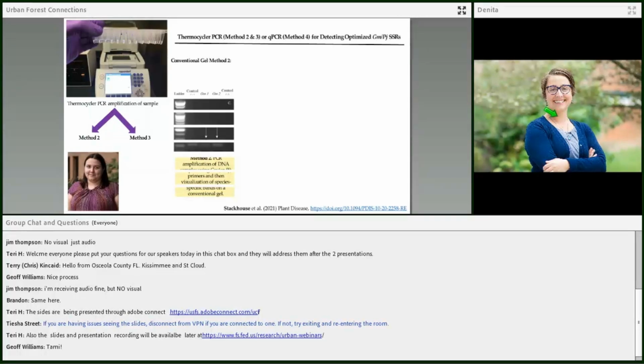So we wanted to do several things. The first one is we developed a method of simple PCR amplification of DNA samples using either Geosmithia morbida or Pityophthorus juglandis, so the pathogen or the beetle, specific primers, and visualize that simply by running on a gel, so doing a regular PCR reaction and running it on a gel.